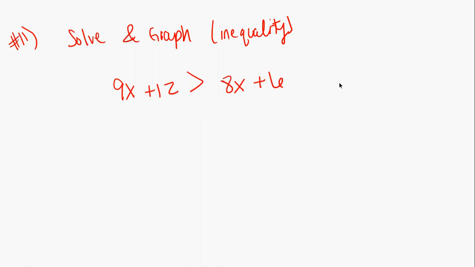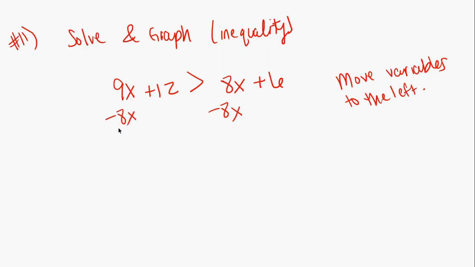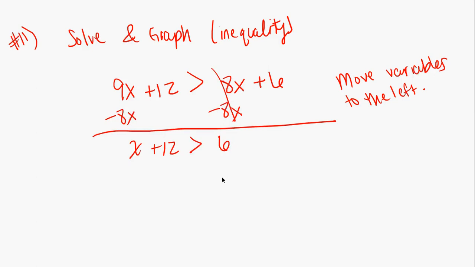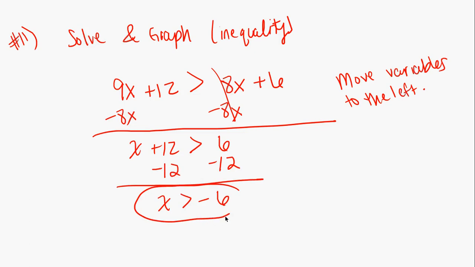When we're doing inequalities, we always want to move the variables to the left. We're going to subtract 8x from both sides. That cancels. We get x plus 12 is greater than 6. Now we subtract 12 from both sides. X is greater than negative 6.